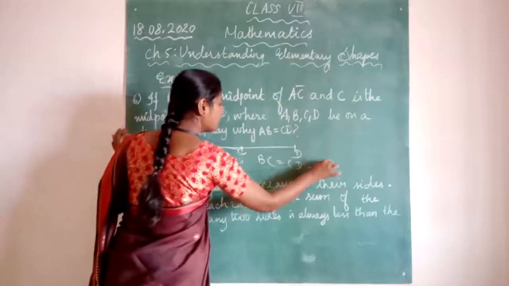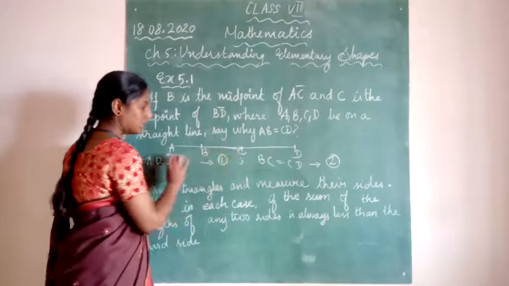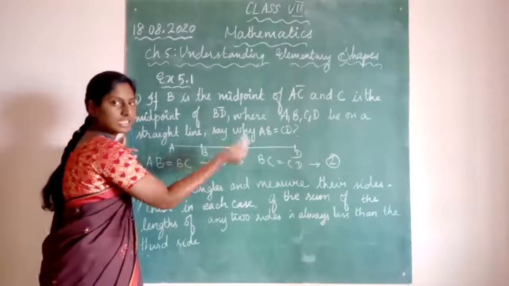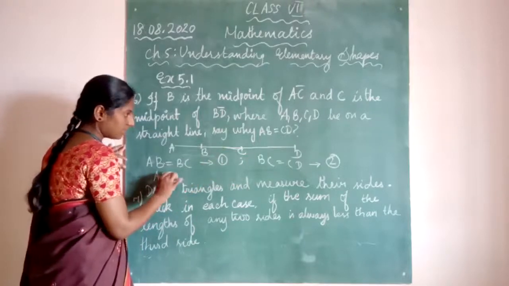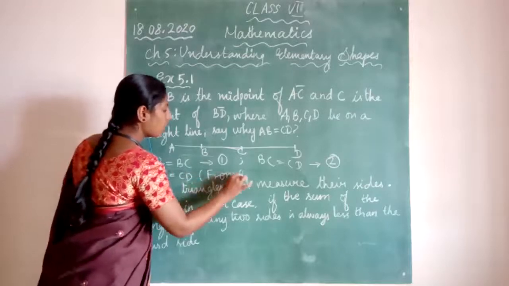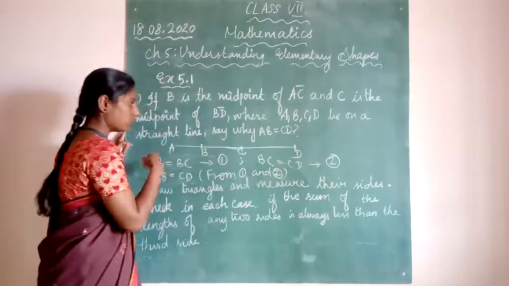So let us have this as second one. So here also you have BC, here also you have BC. Okay, so you can equate AB and CD. Is it clear? That is AB is equal to CD.